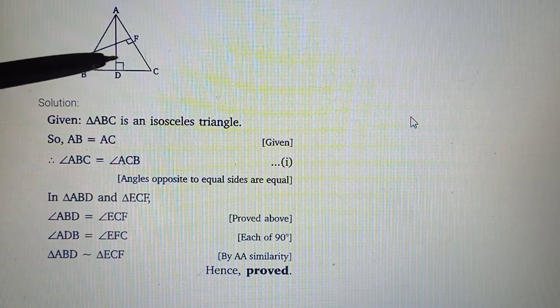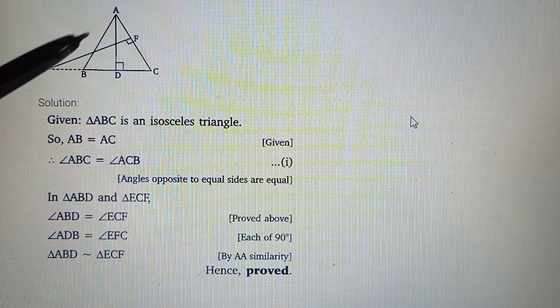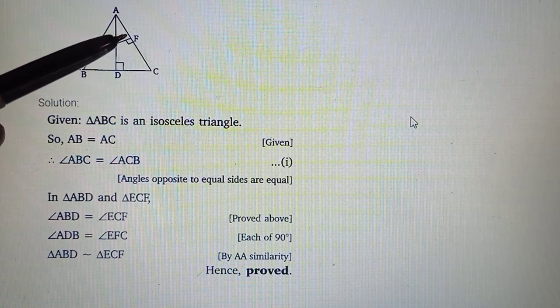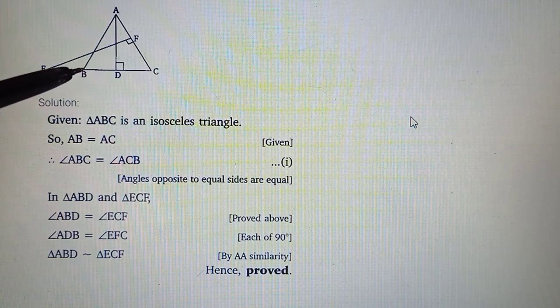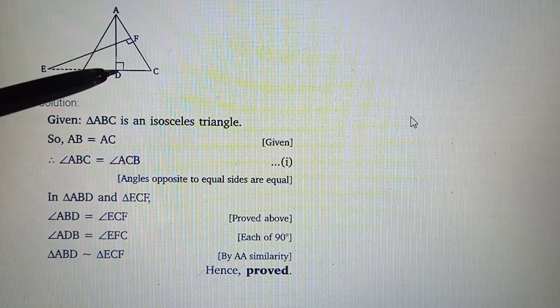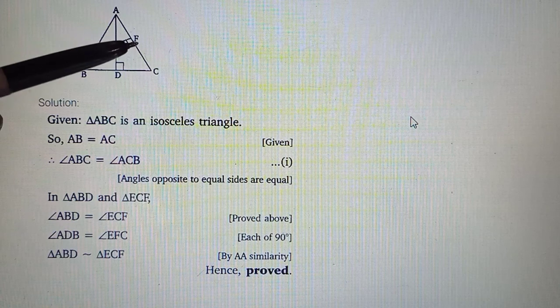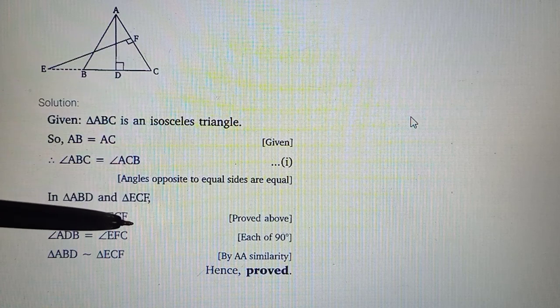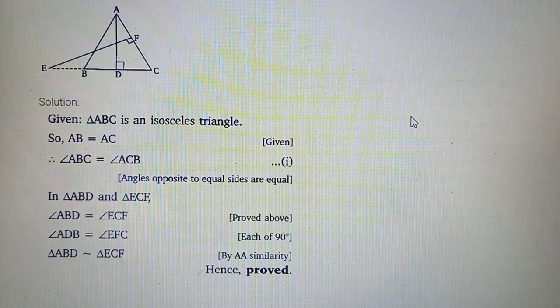This was x, so this was also x. So for the triangles we are going to name them as ABD being equal to ECF. Okay, because these were base angles of an isosceles triangle. Next, 90 degrees again we can see. Angle ADB of the first is equal to angle EFC of the second. They are 90 degrees each. So by AA criteria these two triangles have also come out similar. That's all you had to do.